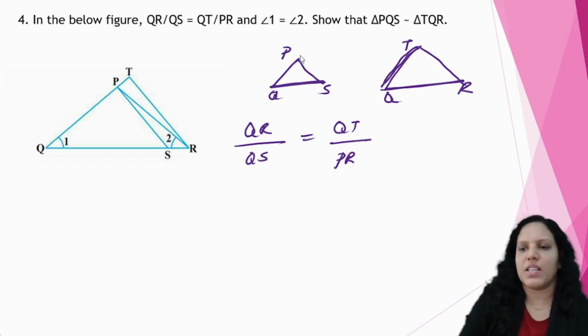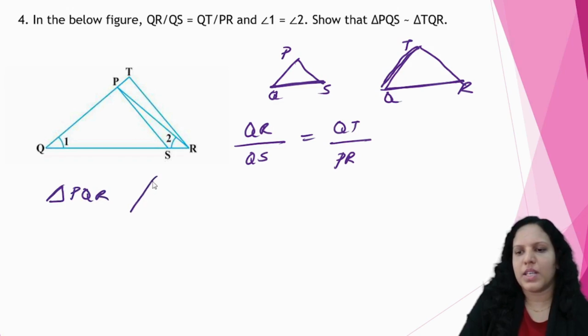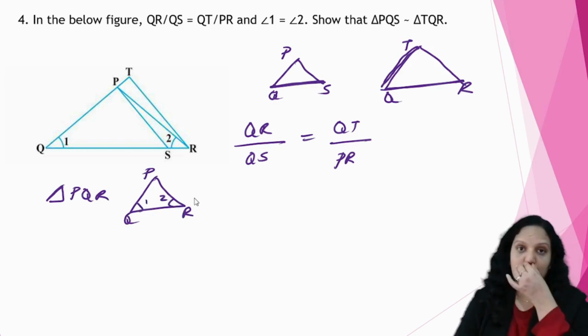So let's see triangle PQR. Let's draw that here. Triangle PQR. This is angle 1 and angle 2, and we are given that angle 1 and angle 2 are equal.